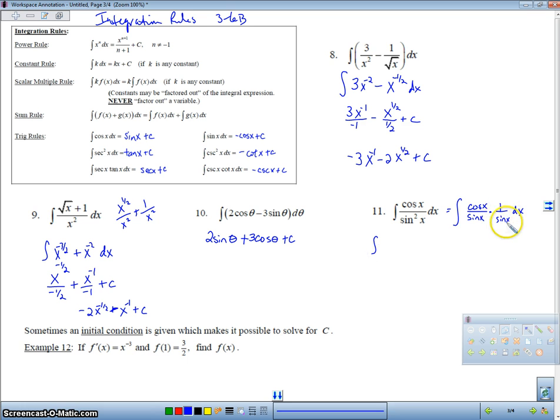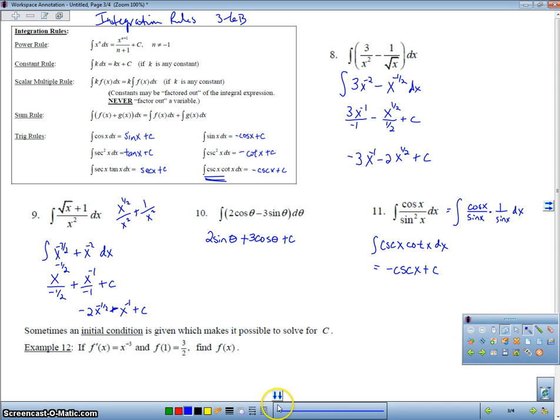This right here, 1 over sine x, is cosecant x. And cosine over sine is cotangent. And we end up with this one right here. So we get negative cosecant x plus c.